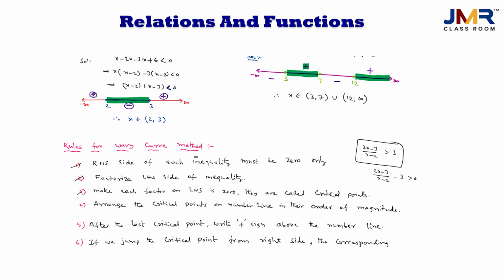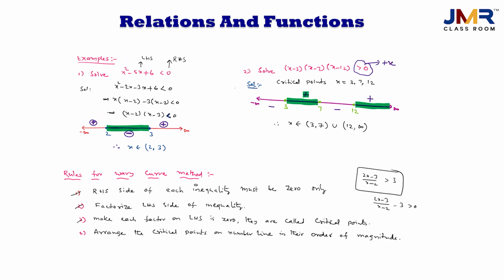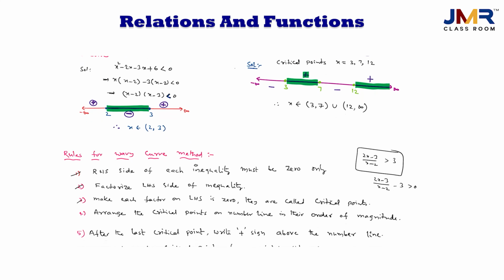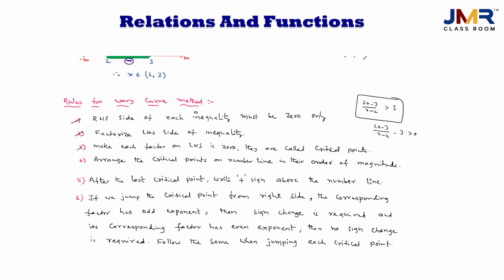They are called critical points. So here (x minus 2) into (x minus 3) less than 0. x minus 2 equals 0, x equals 2 is a critical point. x minus 3 is 0, x equals 3 is a critical point. Those x values are called critical points.